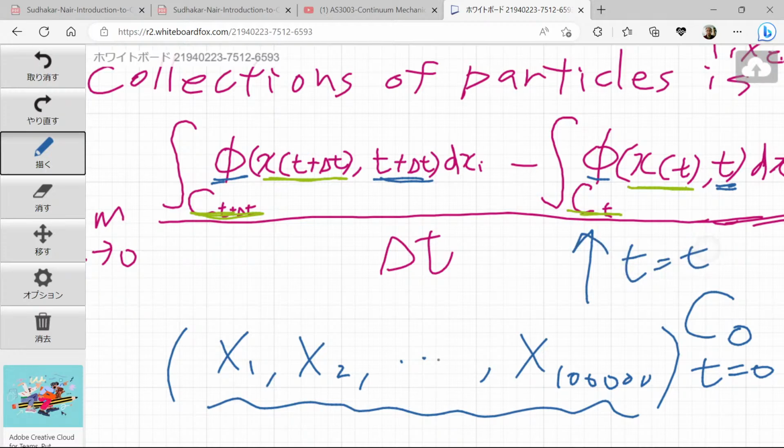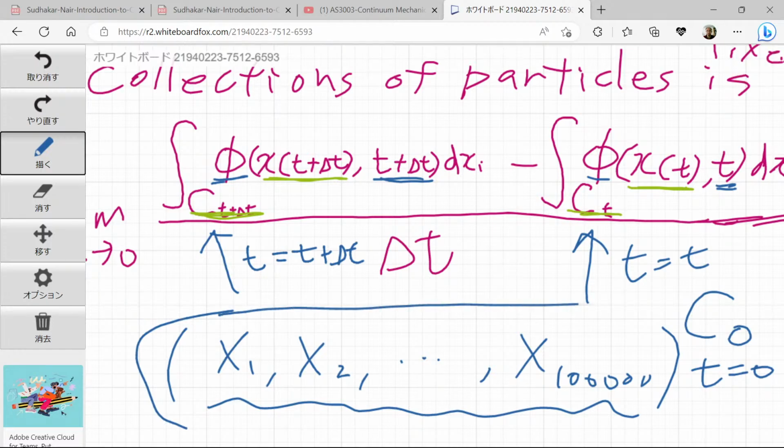Then these particles sit on contour C at t plus delta t when the time is t plus delta t. Okay, so this is fixed. This is fixed. This is fixed.